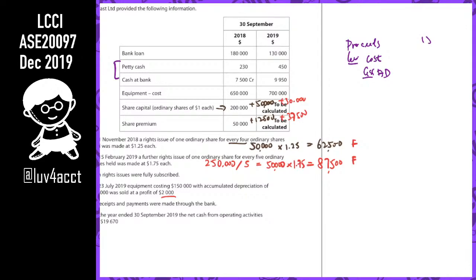So 150,000 here, 54,000 here. So it is 96,000, and then we are making a 2,000 gain. So that means the proceeds are 98,000. The same. Gain.